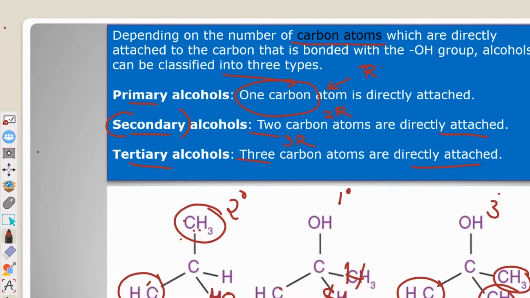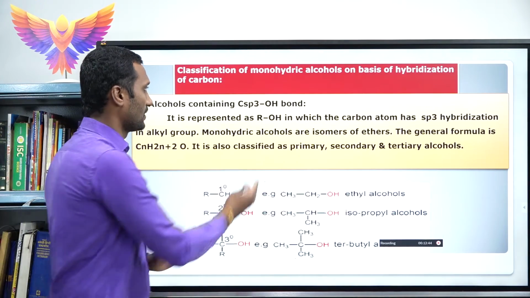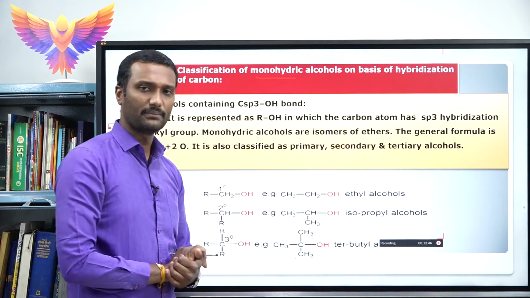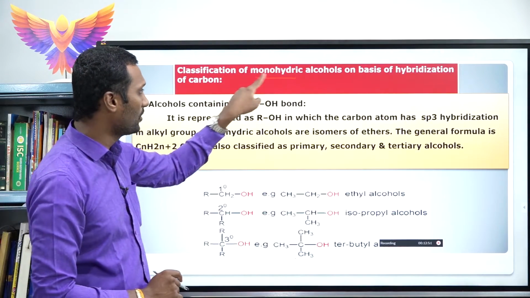So on this basis of the number of alkyl groups, we call it R. R is called the CH3 group. Yes students. Classification of monohydric: monohydric means 1 OH is attached to 1 carbon atom, so it is a monohydric alcohol.